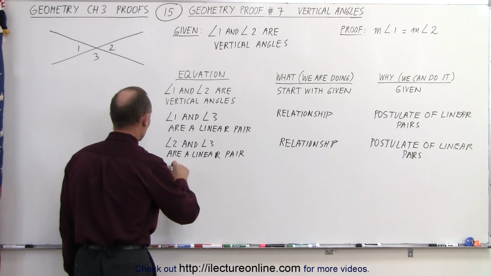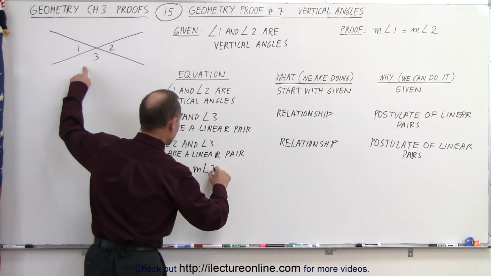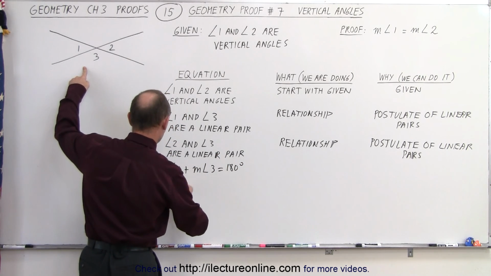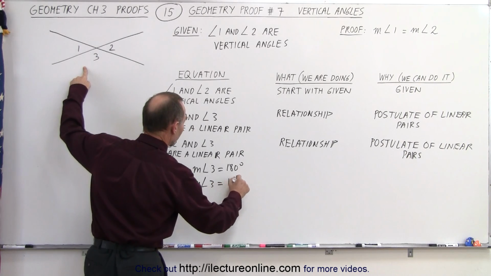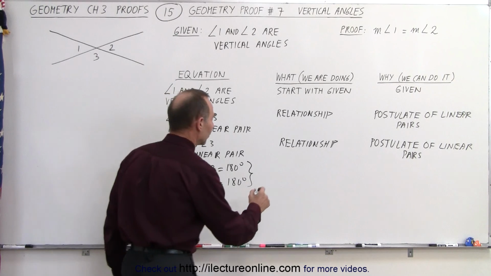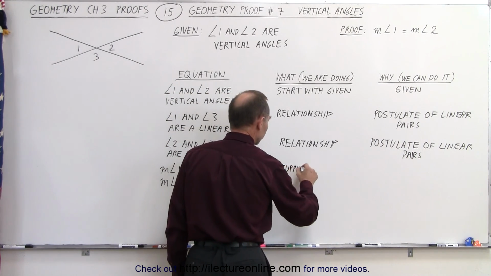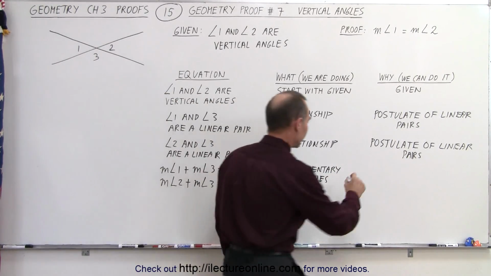So the measure of angle 1 plus the measure of angle 3 adds up to 180 degrees, and likewise the measure of angle 2 plus the measure of angle 3 adds up to 180 degrees. We can make this claim by the definition of supplementary angles.